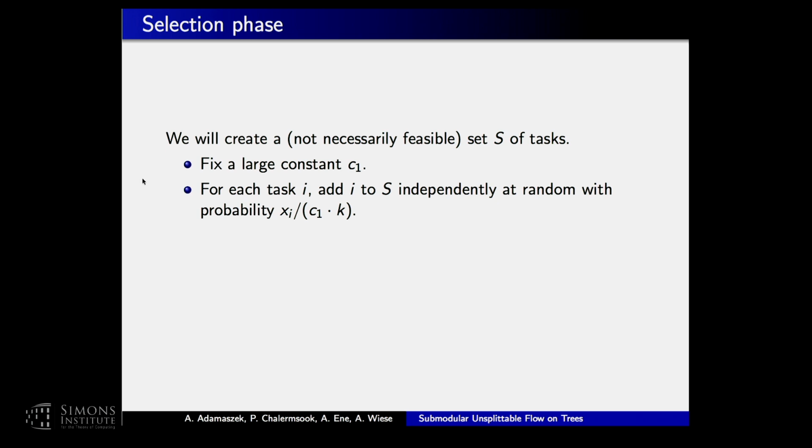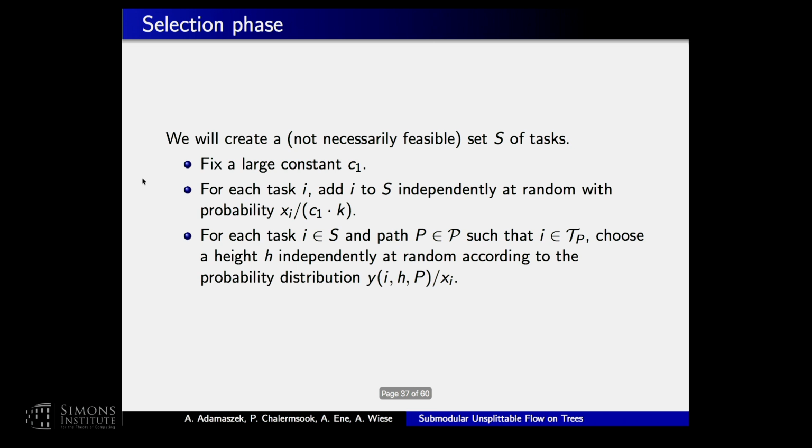Now if we selected the task, we also need to select a place to draw it. So for every task that has been selected, for every path such that the task is active at this path, we need to choose the height. And again, we do the simplest thing. We just choose the height independently at random according to the probability distribution of the variables y from the LP.